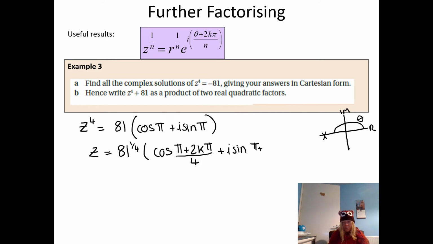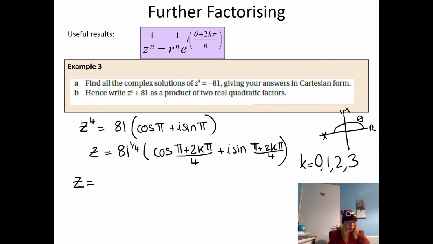The same thing. Then k is going to equal 0, 1, 2, 3, stop at n minus 1. And we don't like writing that, so we usually put it in exponential form, don't we?